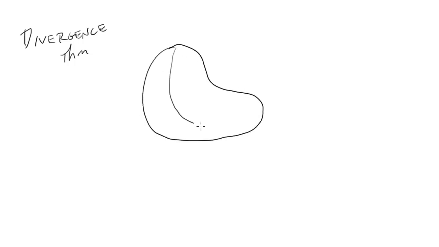Divergence theorem measures the outward flow of the force across a surface. So I have a surface that's enclosing some region. So the region E has a skin, boundary E, and an outward normal.